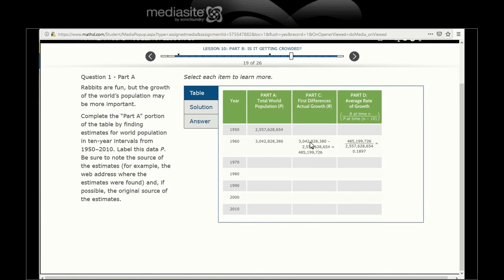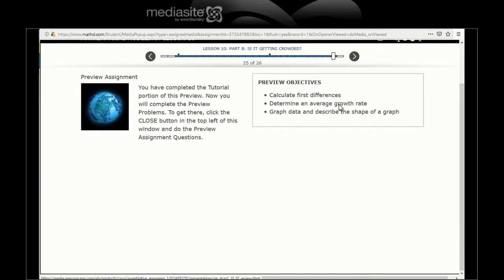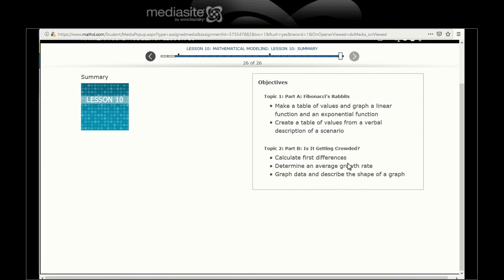The difference between 1960 and 1950, to 1970 and 1960. Just find the change in population between those 2 decades. We determined the average growth rate, and we graphed the data and described the shape of a graph. I think we met the intent. And that's actually lesson 10 completed.